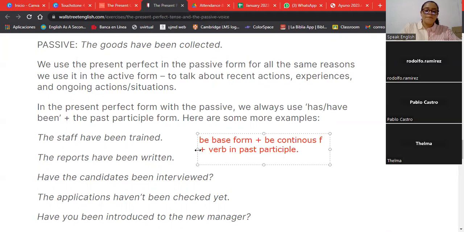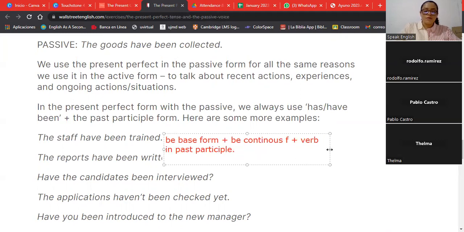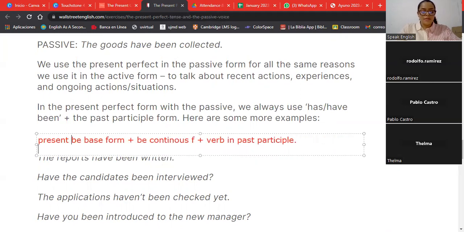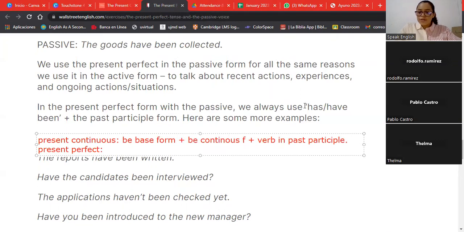This is the present continuous. Let me put it over here. Present continuous. Now, for the present perfect, what is the structure that we have to follow? Here it is.